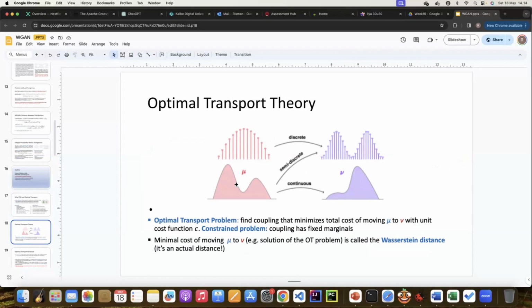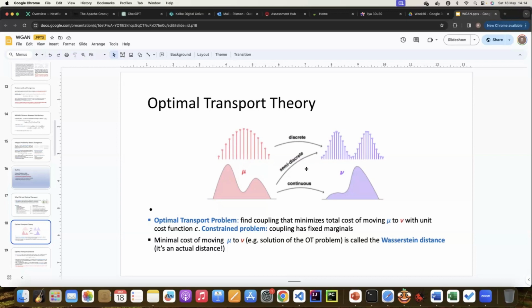If he wants to build a building, he has to move some soil from one location to another location. Let's say the original location is mu and the destination is nu. You can see this as a discrete or continuous transport problem.